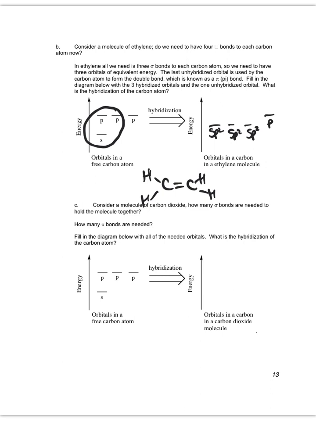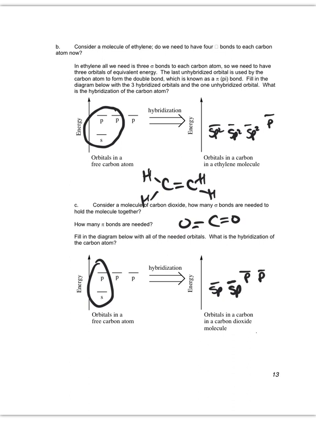Okay, if we think about carbon dioxide, we have 2 pi bonds on each of the carbons, so we only have 2 bonds, so it's going to be an s and a p, so it's going to be sp hybridized with 2 p orbitals.